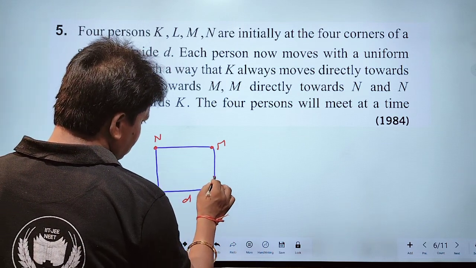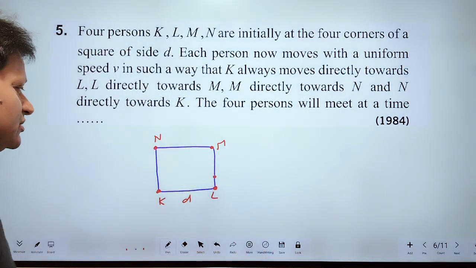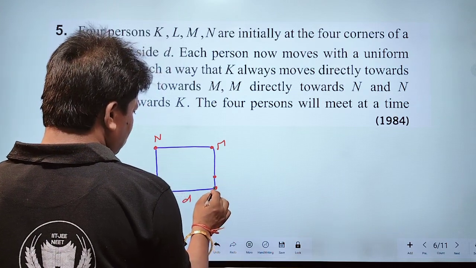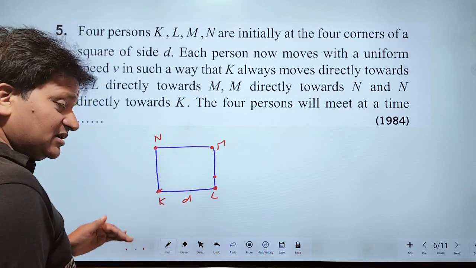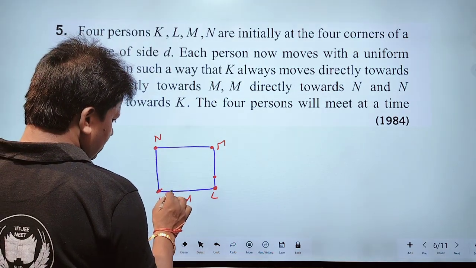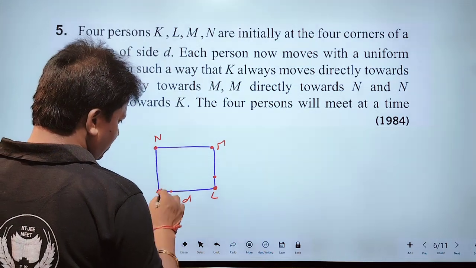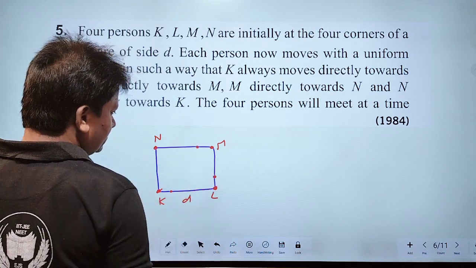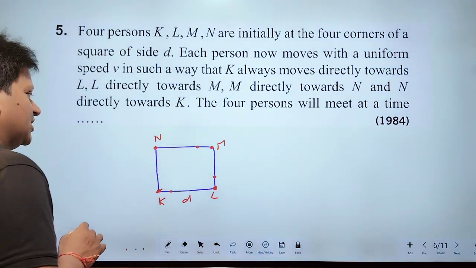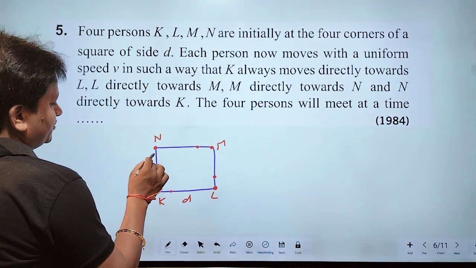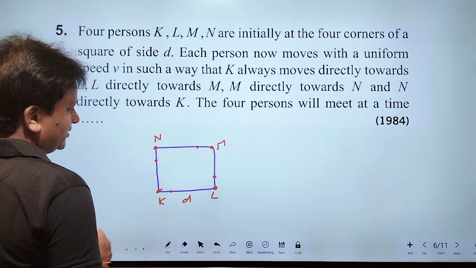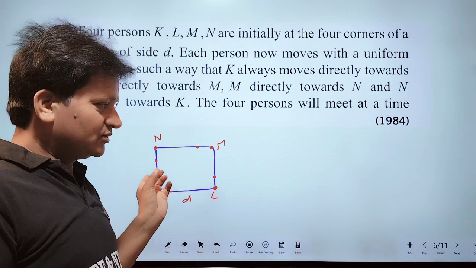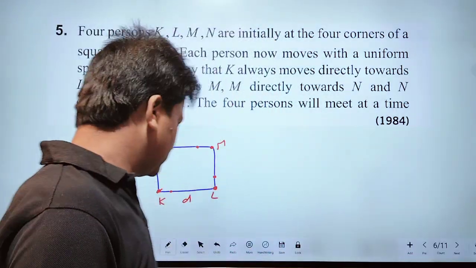Suppose in dt time the distance traveled by the person will also be small. In dt time, this particle goes from this point to this point, but this particle also moves from this point to this point. Now this person also moves from this point to this point in dt time, and this particle also moves from this point to this point in dt time. According to the question, each person moves towards the person on the next corner.